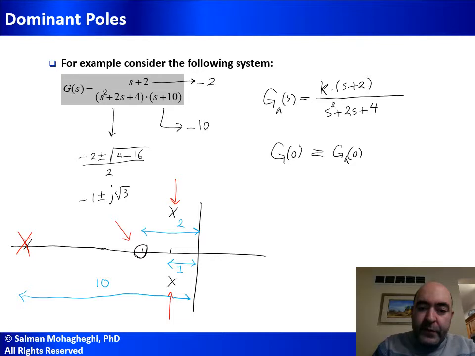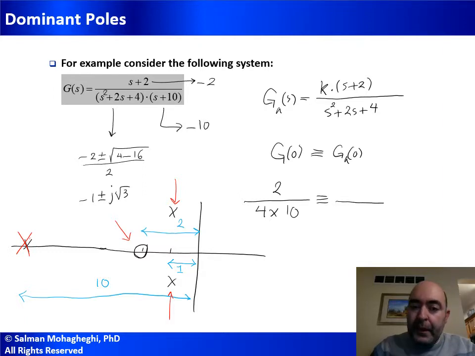I will have 0 plus 2 divided by 0 squared plus 2 times 0 plus 4 times 0 plus 10. This has to be identical to k times 0 plus 2 divided by 0 squared plus 2 times 0 plus 4. And from this equation, we can see that k is going to be 0.1.